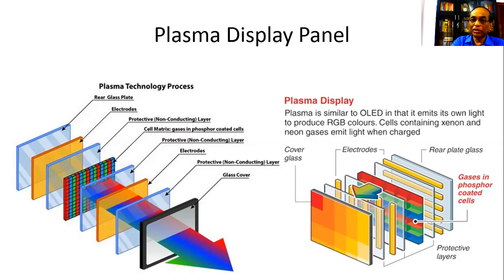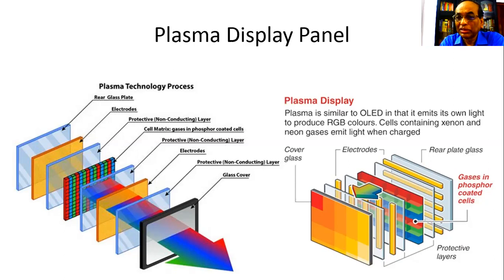Plasma display is similar to OLED in that it emits its own light to produce RGB colors. And that is another difference between the LCD and the plasma display: it can emit light to produce RGB color. Cells containing xenon and neon gases emit light when charged. When an electric field is applied, the gas is ionized, and it gives the color.